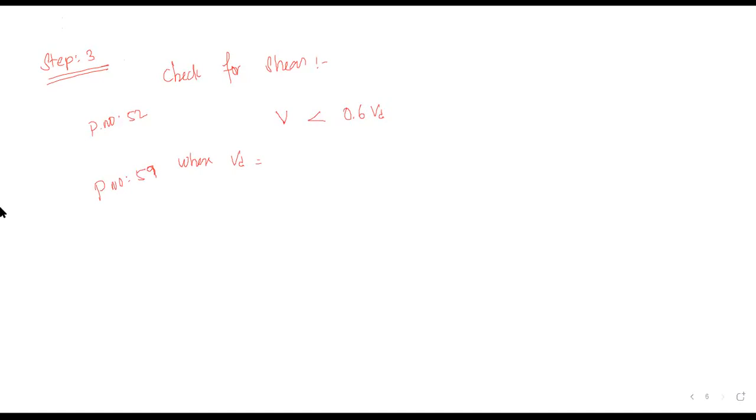So VD is equal to Vn by gamma m naught, where Vn is equal to Vp. So Vp is equal to area of web multiplied with Fyw divided by root 3 into gamma m naught. So this is the formula for Vp.